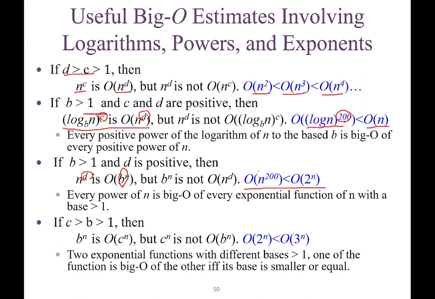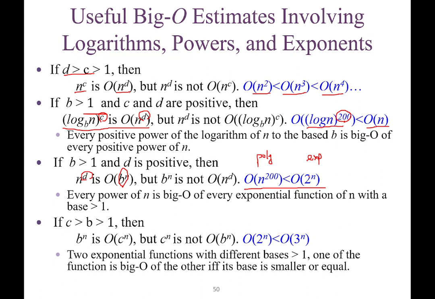So in this case, we can see n to the power of 200 is big O of 2 to the power of n, because this is exponential function and this is polynomial function. Polynomial function is always slower than exponential function, no matter the power is 200, or the base of the exponential function is 2, 3, or 4.